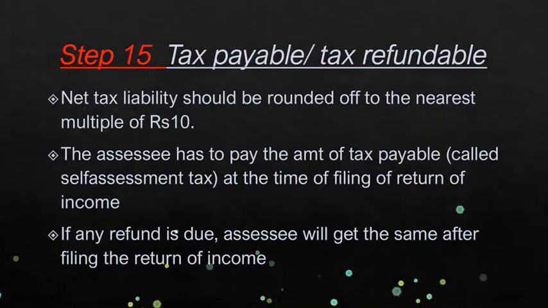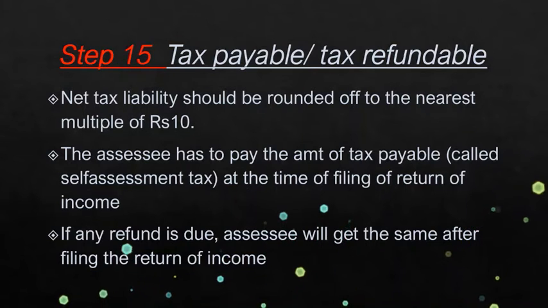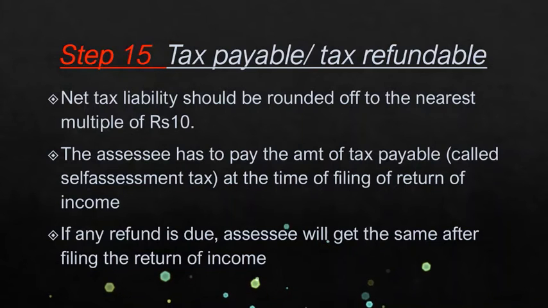Tax payable/tax refundable. Net tax liability should be rounded off to the nearest multiple of ₹10. The assessee has to pay the amount of tax payable, called self-assessment tax, at the time of filing of return of income. If any refund is due, the assessee will get the same after filing the return of income.